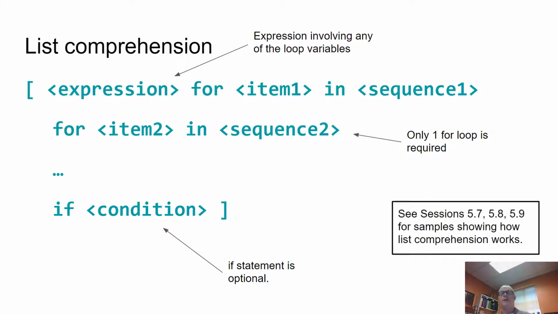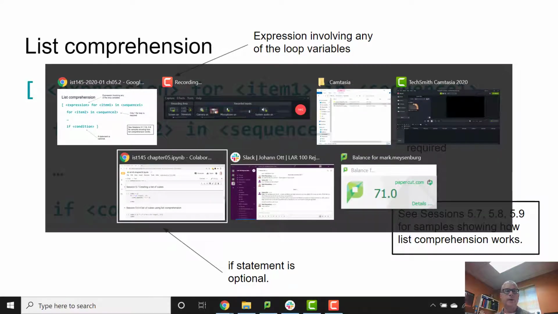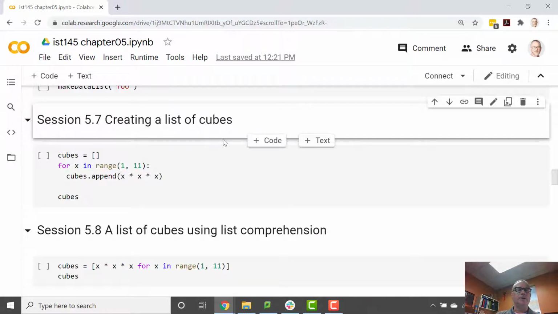So let's take a look at sessions 5.7, 5.8, and 5.9 to see how this idea of list comprehension works. Our sample here is just to create a list of the cubes of the first 10 integers. Here's the old way, the standard way of doing it based on what we know so far.